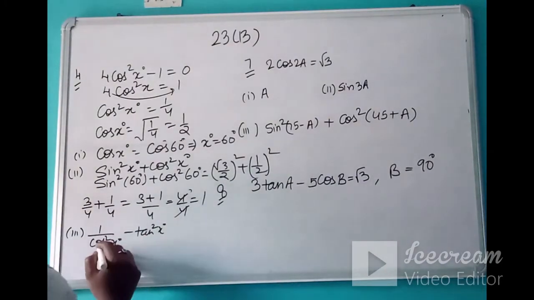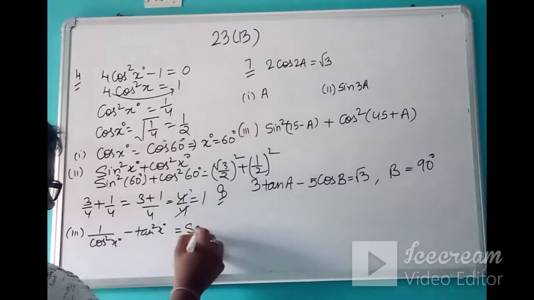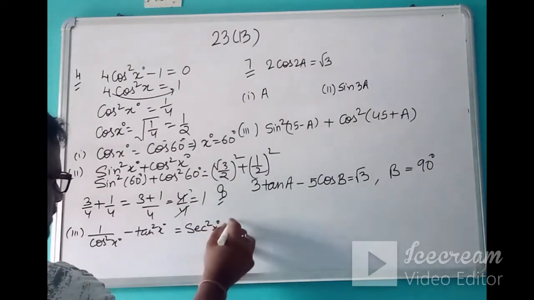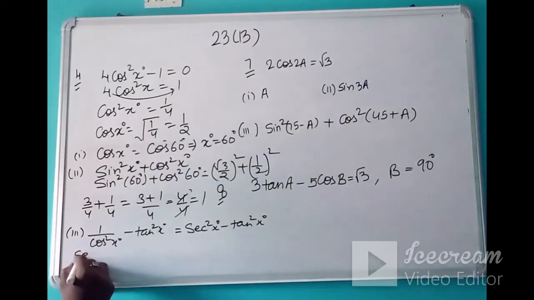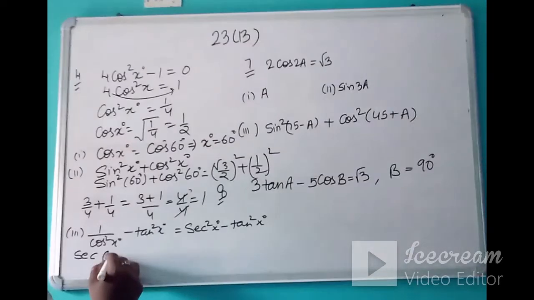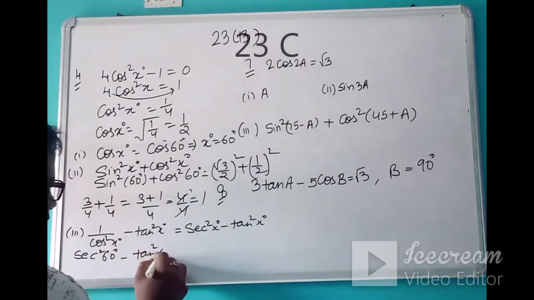Next part is we have to find the value of this. We can write it like this: 1 upon cos, that is sec square x degree minus tan square x degree. Then put the value of x, 60 degrees.